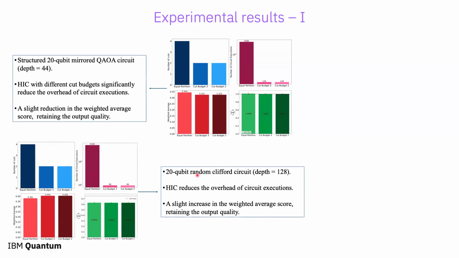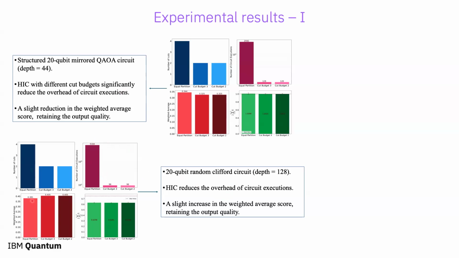Here we took a 20 qubit random circuit, because you can feel like, okay, this is a very structured circuit, it works for a structured circuit. Does it work for any circuit? So here we took a 20 qubit random circuit, but a Clifford circuit because we needed the ideal outcome. Here also you see the weighted average increases slightly. That's expected. The weighted average will be lowest for equal partitioning, but we don't want to always go for equal partitioning.